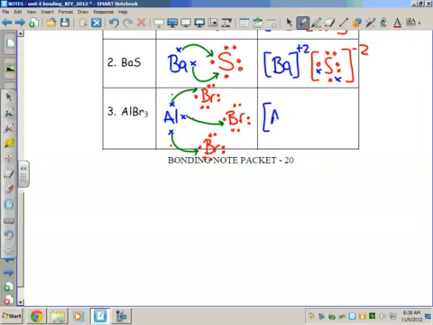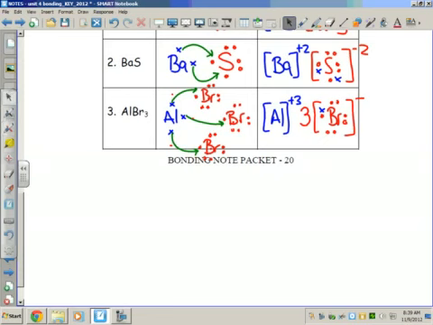And we can say aluminum, which has lost 3 electrons, so it's now plus 3. And there are 1, 2, 3 bromines, so we can put a 3 out in front. Put our bromines with their bonus electron and a minus.